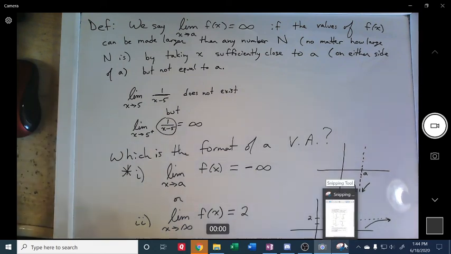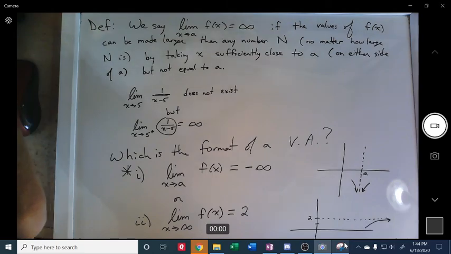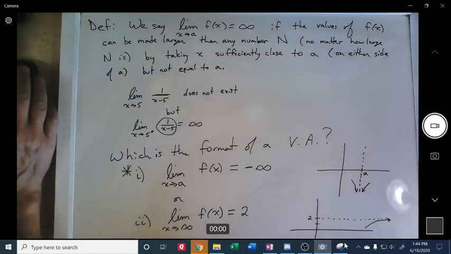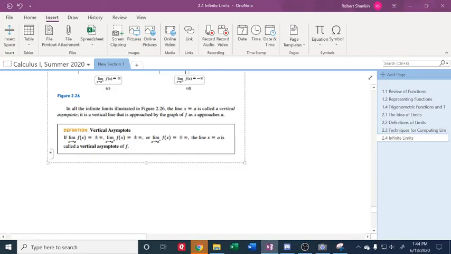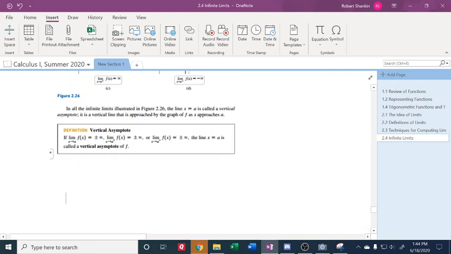And let me take a screenshot of this. Insert a bunch of space.